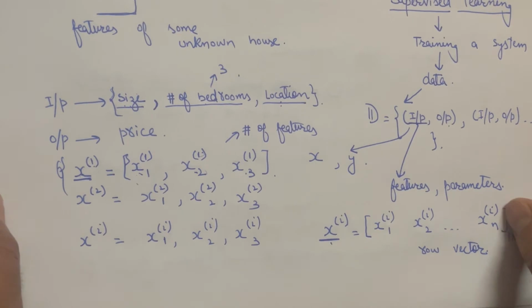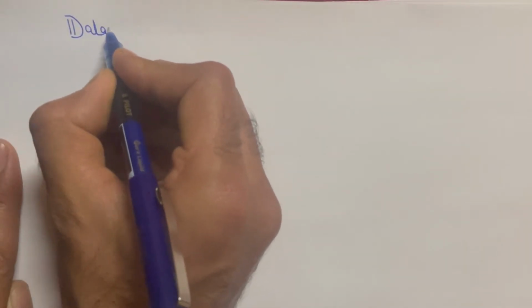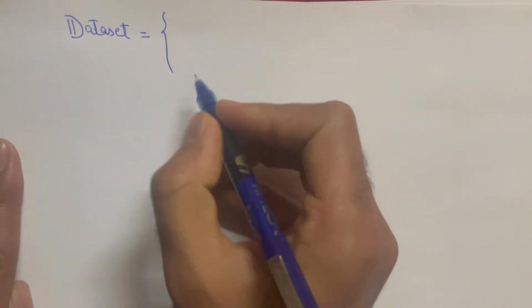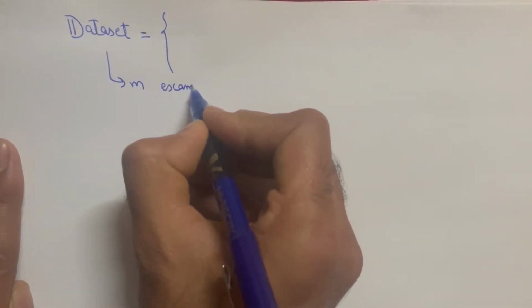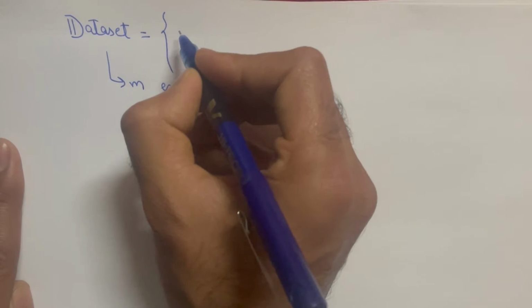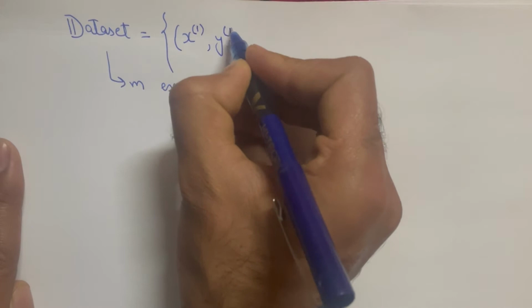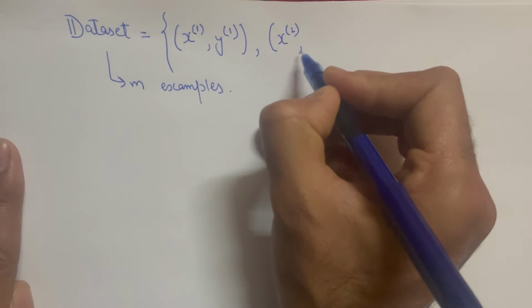So here is what we have learned so far. In supervised learning, our data set contains m examples. So there are a total of m data points. Let's say the first example will be x1, y1. The second example will be x2, y2.